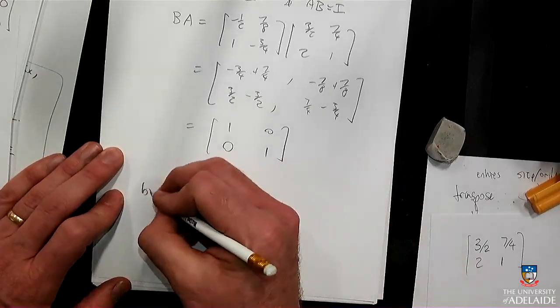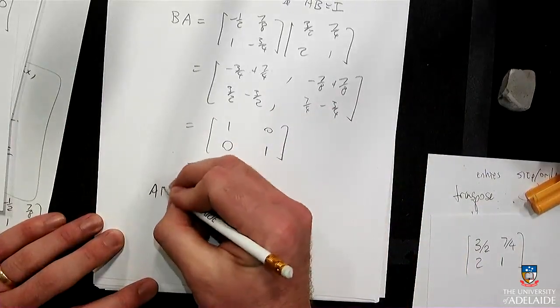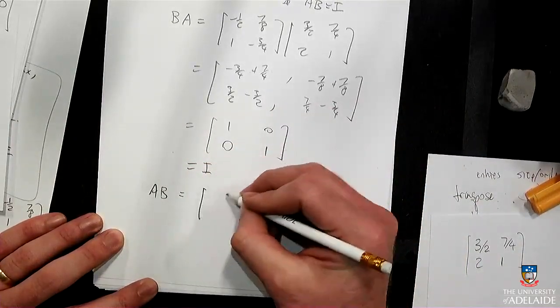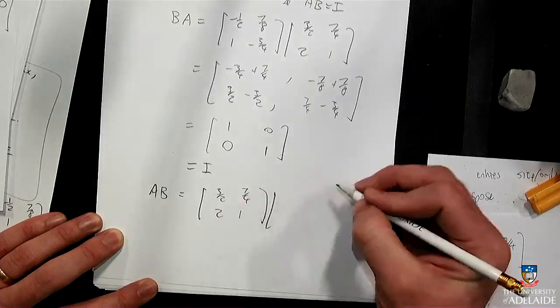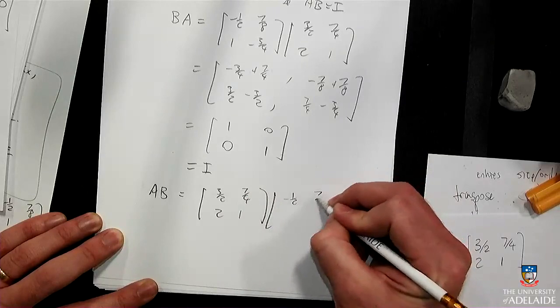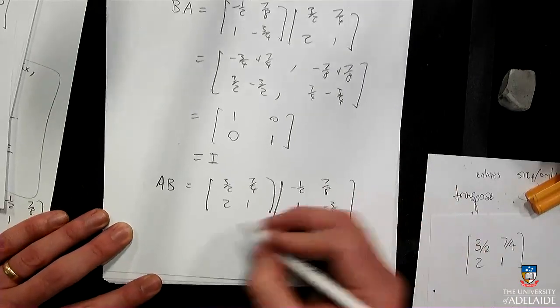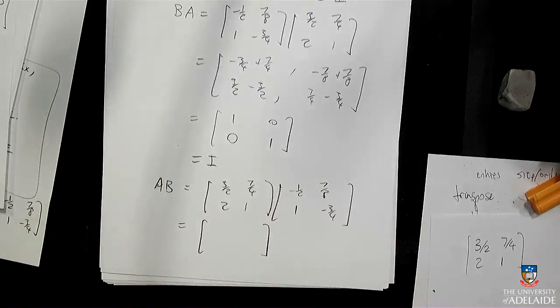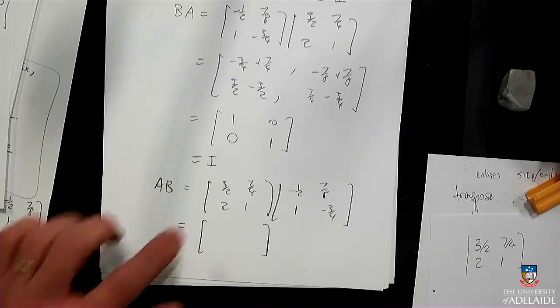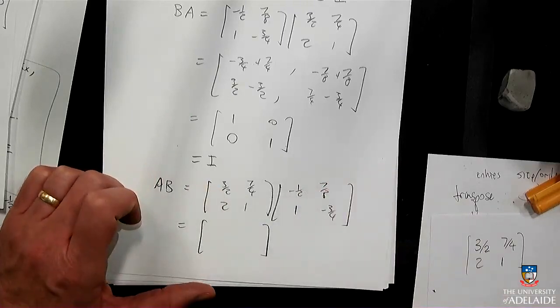Now AB is 3/2, 7/4, 2, 1 times minus a half, 7/8, 1, minus 3/4. I am going to skip the fancy bit that I did before. If I was being very nice, I would do it all. So that's minus 3/8. Oh, have I done something wrong?